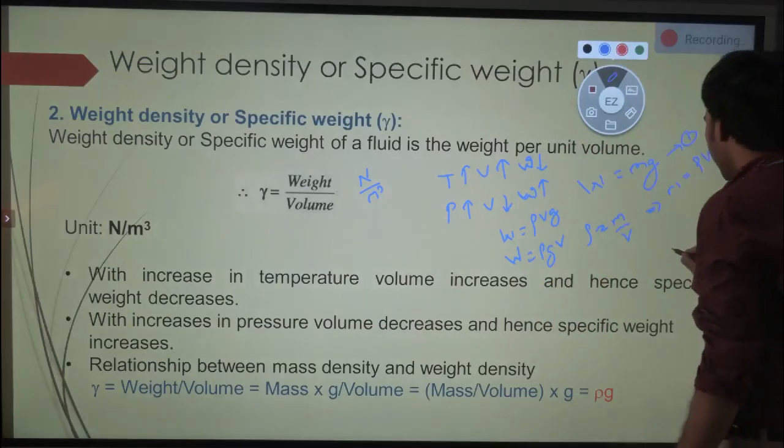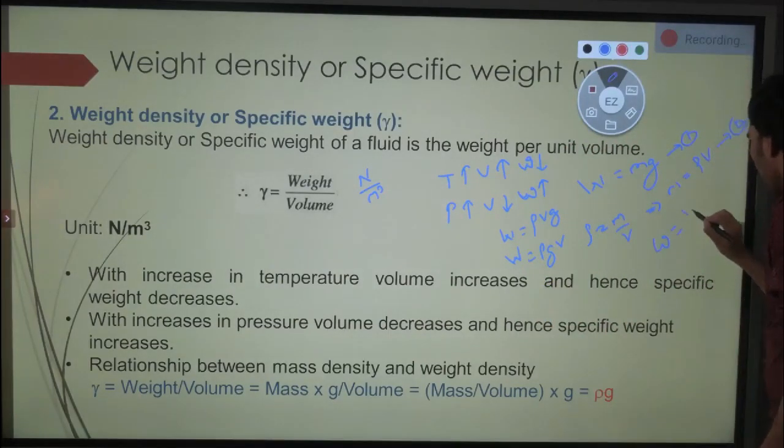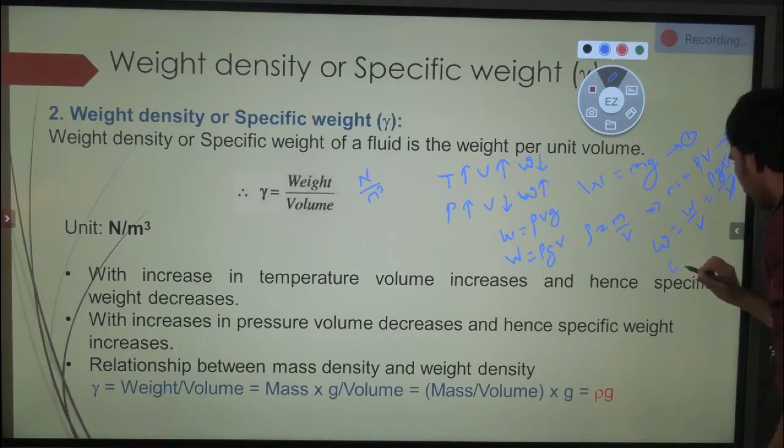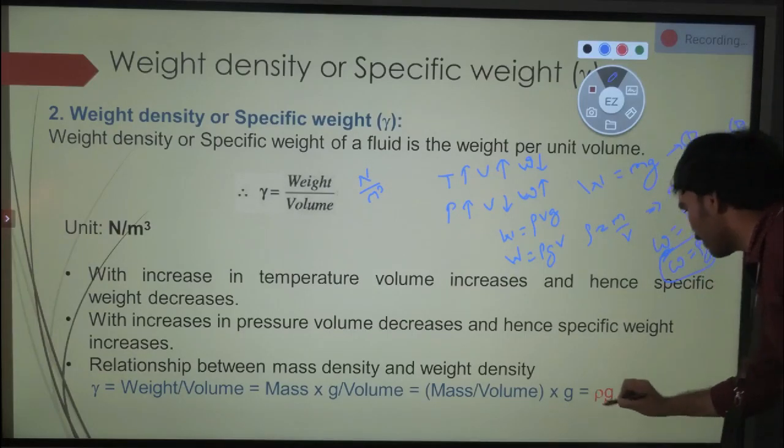The specific weight is weight by volume, that means rho g V by V. V cancels. The specific weight is rho into g. So this is the relationship between the specific weight and mass density: w = rho g.